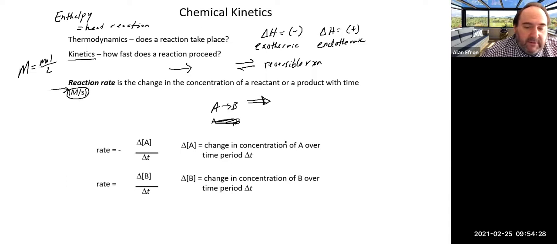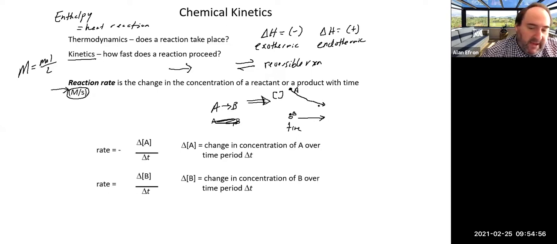So if we were looking at time, starting at time 0 and on, and we looked at the concentration of A or B, we would see that at time 0 we have a lot of A and pretty much none of the products. As we make our products, we have to use up our reactants.